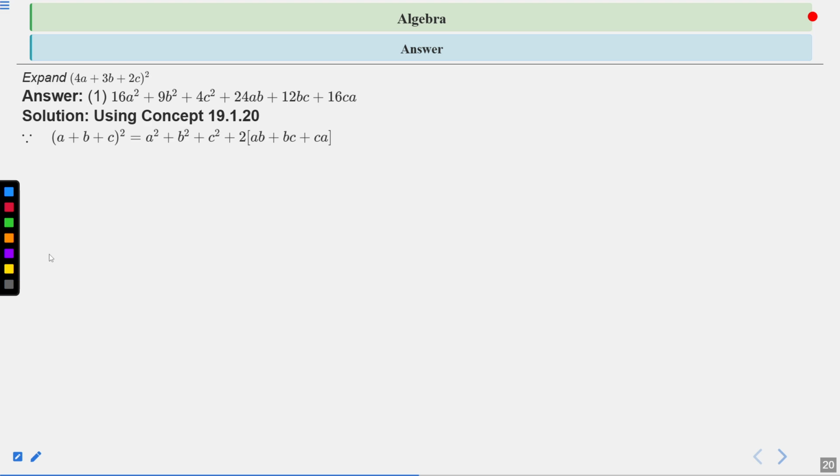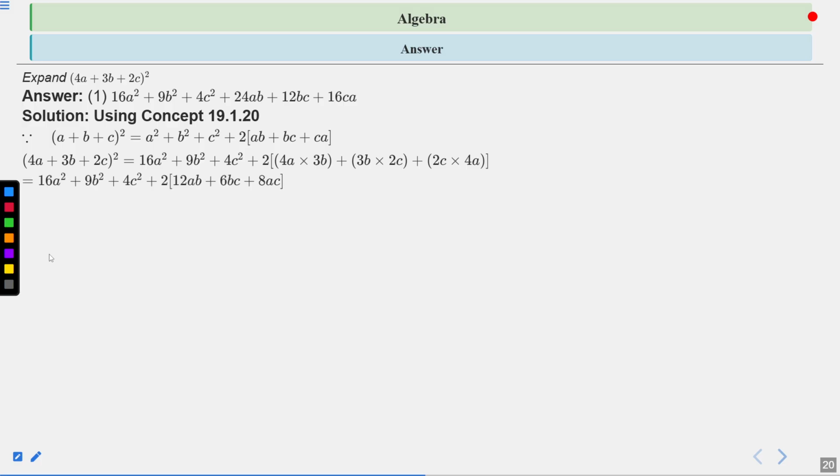We can say that (a plus b plus c) whole square is a square plus b square plus c square plus 2 times (ab plus bc plus ca). Now when we put the values, we get (4a plus 3b plus 2c) whole square becomes 16a square plus 9b square plus 4c square plus 2 times (4a into 3b plus 3b into 2c plus 2c into 4a).